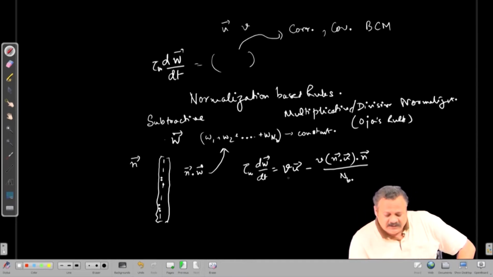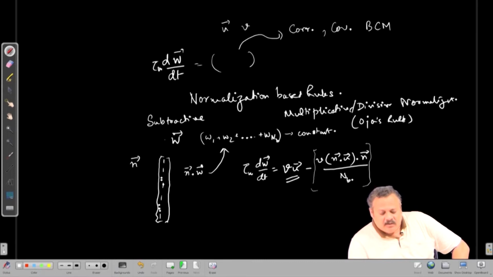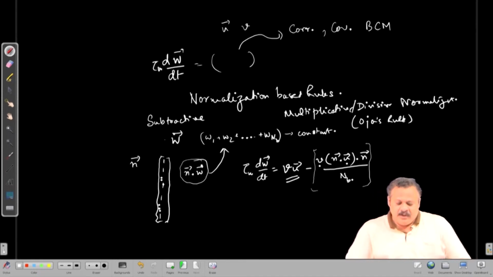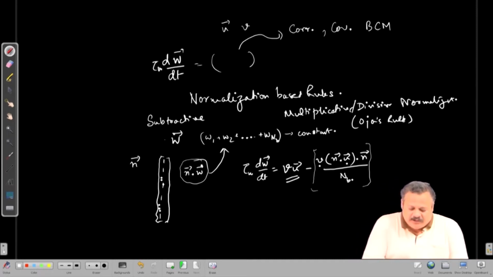So, this is the correlation based increasing part, that is the weights would be increasing. That is countered by this particular term, which is based on both the output activity and the input activity, and it is made to be of this particular form so that ultimately our sum of weights, this n dot w, does not change. For n dot w not changing, the derivative of n dot w must be 0, and so let us see what we have.